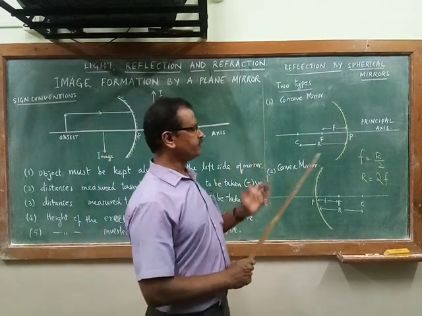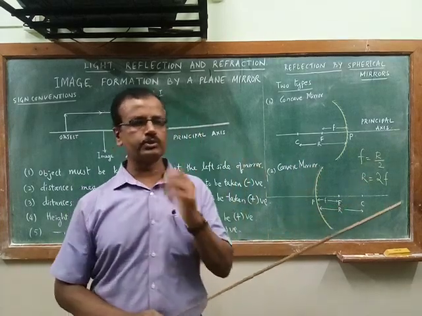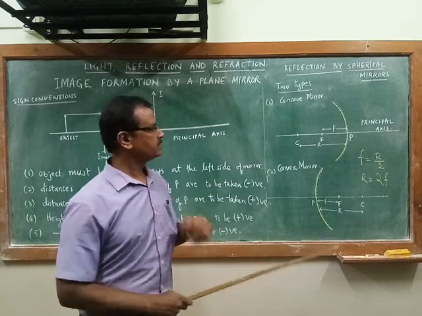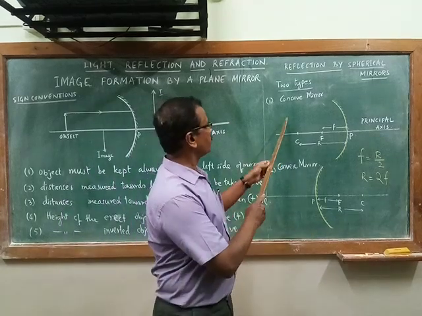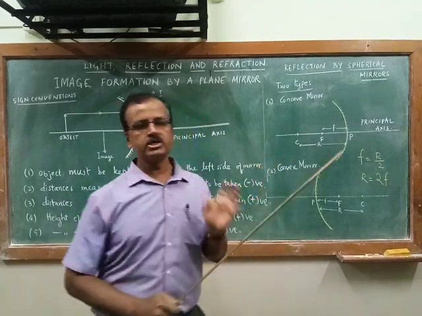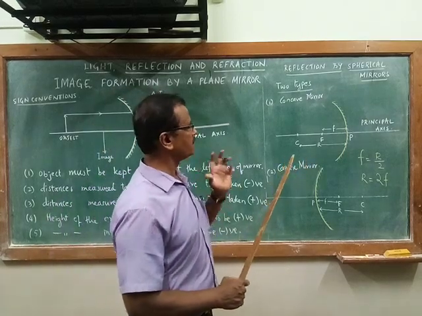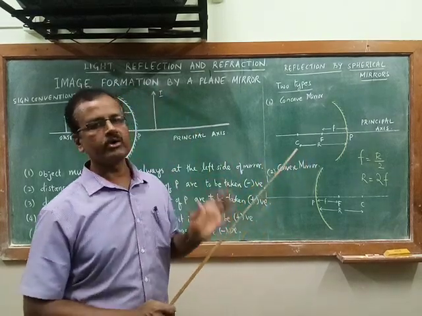Second, if you hold the concave mirror very close to your face, you will be able to see an enlarged image of your face. Therefore, the concave mirror is also used as a shaving mirror. It helps you to shave your face very clearly.